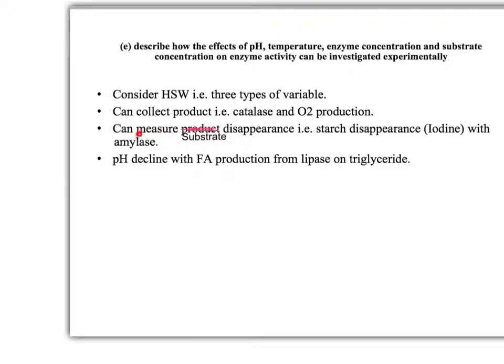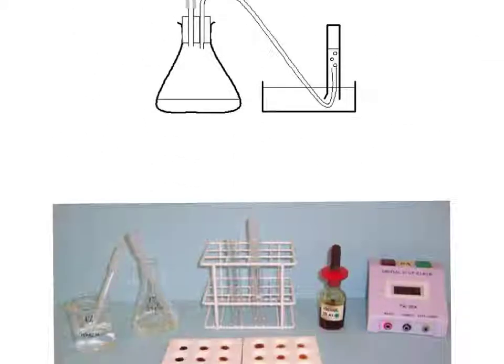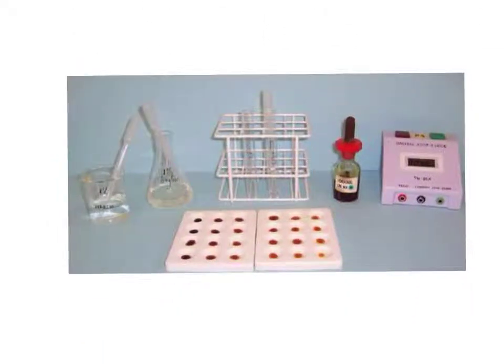We could also sometimes, the reaction lends itself to measuring the amount of substrate, or how quickly substrate disappears. Starch disappearance with iodine, with amylase, is a good one. So with this arrangement, we would have our solution, here's our amylase and our starch. We put that into our reaction vessel and mix them together, so the amylase starts to break down the starch.